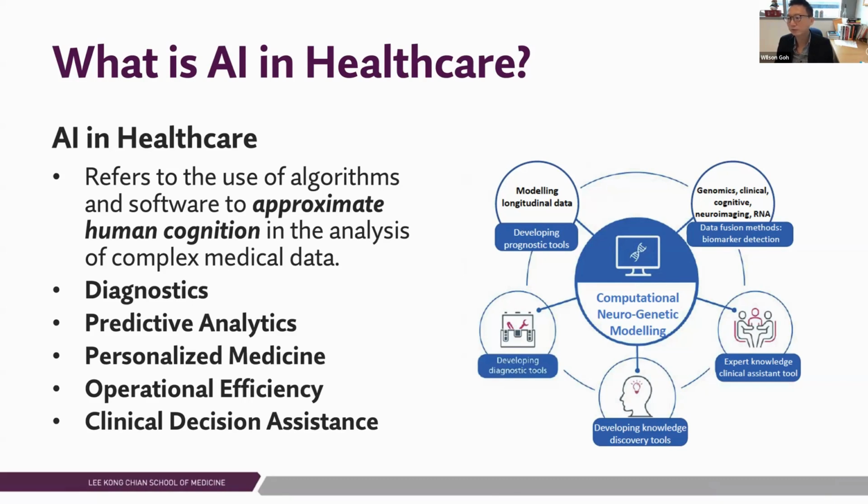This is task-driven, and it can include tasks such as performing diagnostics, performing predictive analytics, where you want to figure out the trajectory of the health or disease development for an individual patient or cohort, personalized medicine or personalized care, improving operational efficiency, and clinical decision support and assistance.